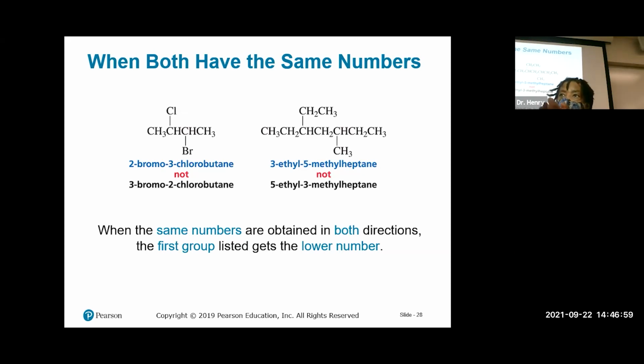We're exactly the same. But you want to look at it as a whole, because you would have to look at the second one first, the next one that's coming up. So you have a 3 versus a 4, and you're going to go with the lowest number, which would be a 3.